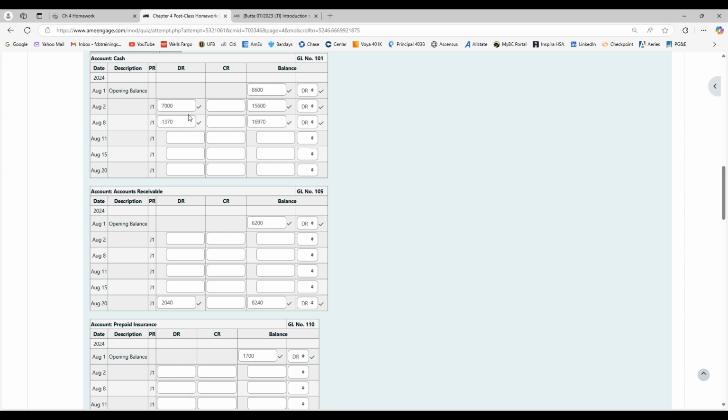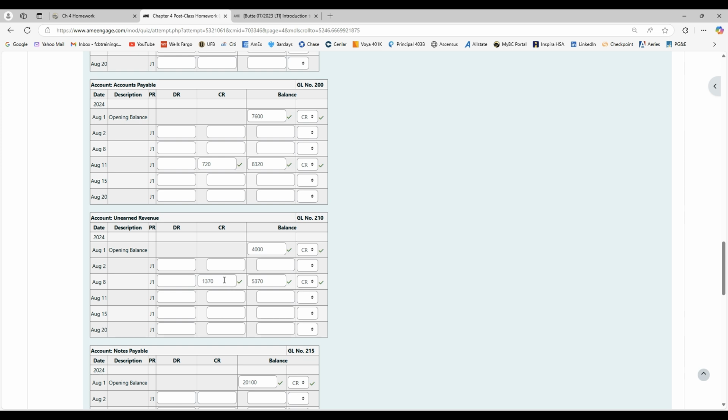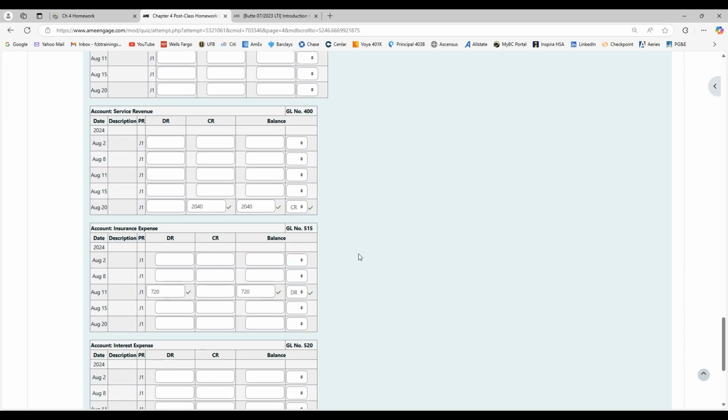Transaction number 2 was the 1,370, and the other side was the unearned revenue of 1,370. So we've got our credit, we've got an updated balance, we've got credit indicated, so that looks good. We have insurance expense, 720. Yep, and we've got all those marked there.